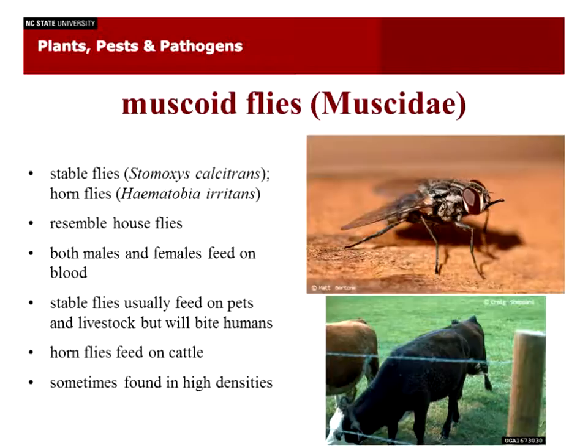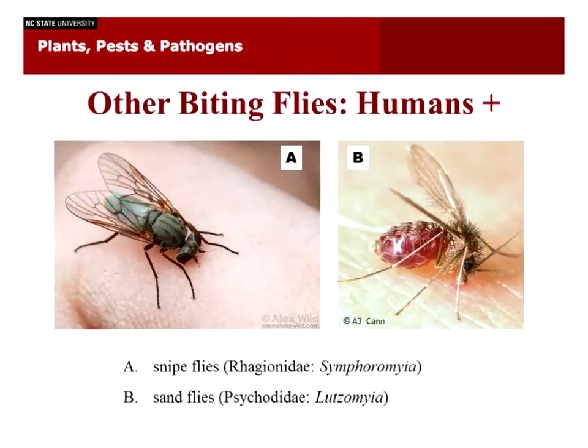Now, stable flies usually feed on pets, specifically dogs that are outside, and livestock, but will bite humans. I've had them congregate on my legs before, and they do have very painful bites. Horn flies do not feed on humans, but you can see, can be very abundant on cattle, and can become an issue where they annoy and suck a lot of the blood out of the cattle.